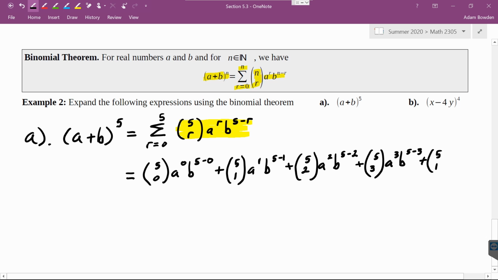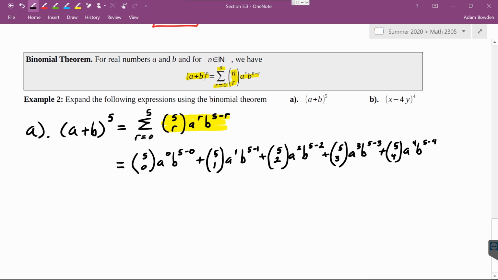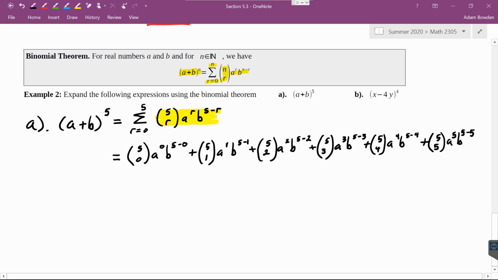Then we're going to have 5 choose 4, a to the 4, b to the 5 minus 4. And then our last term would be 5 choose 5, a to the 5th, b to the 5 minus 5.